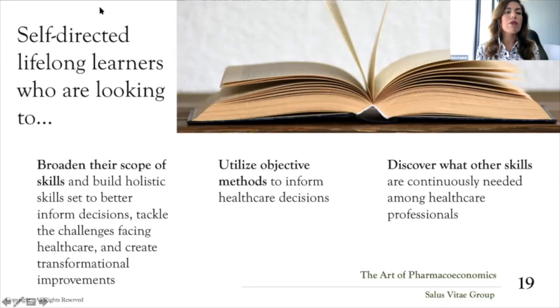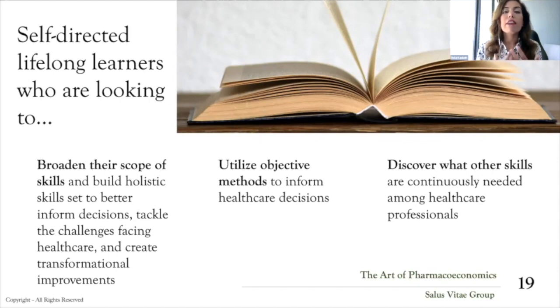Now, also, when you think about who would benefit, ultimately, if you find yourself a lifelong learner and you're really looking to broaden your scope of skills and build your skills to better inform decisions, tackle the challenges facing healthcare, and create transformational improvement, you're interested in all these different elements of which this will provide you the structure for.